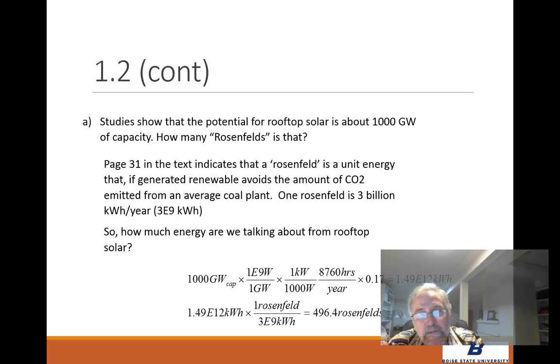That means that build out would replace or displace the energy currently created by 500 average coal-fired power plants in the country. I think that's a better way of looking at it versus saying 1.5 times 10 to the 12th kilowatt hours. That number doesn't mean a whole lot. 500 coal plants, yeah, then you can get your head around that.